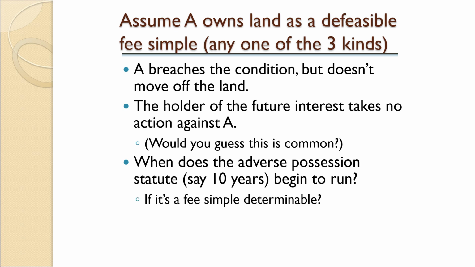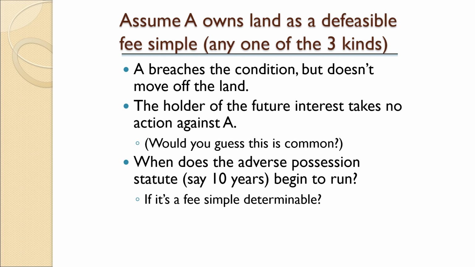Suppose, first of all, it's a fee simple determinable. Well, a fee simple determinable we know terminates automatically when the condition is broken, and the person with the future interest, the possibility of reverter, immediately becomes entitled to possession. That means that if the person with the fee simple determinable remains on the property, they're now trespassing.